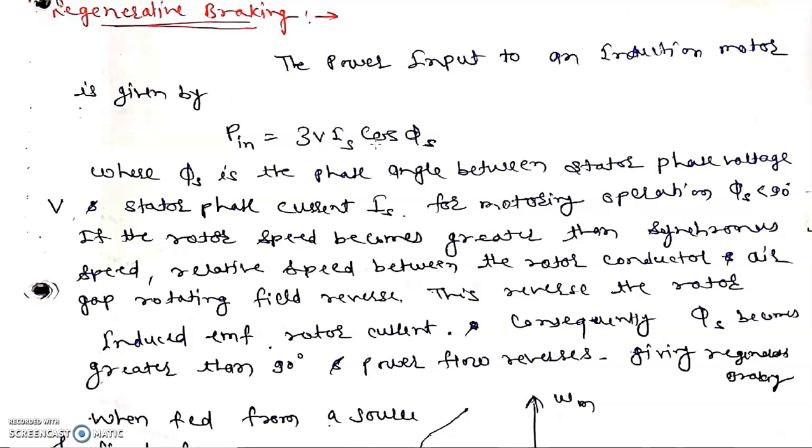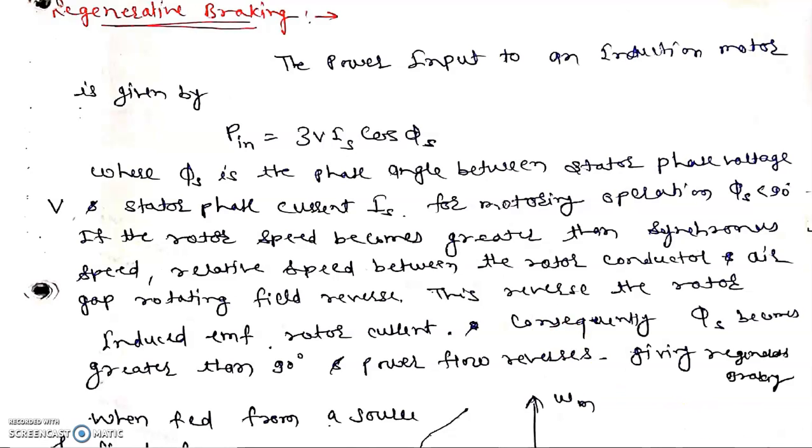Means the slip, which is given by (omega ms minus omega m) upon omega ms, will become negative as omega m becomes greater than omega ms. When the slip becomes negative, this reverses the rotor induced EMF and rotor current, and phi s becomes greater than 90, which is the phase angle between the stator phase voltage V and stator phase current Is.